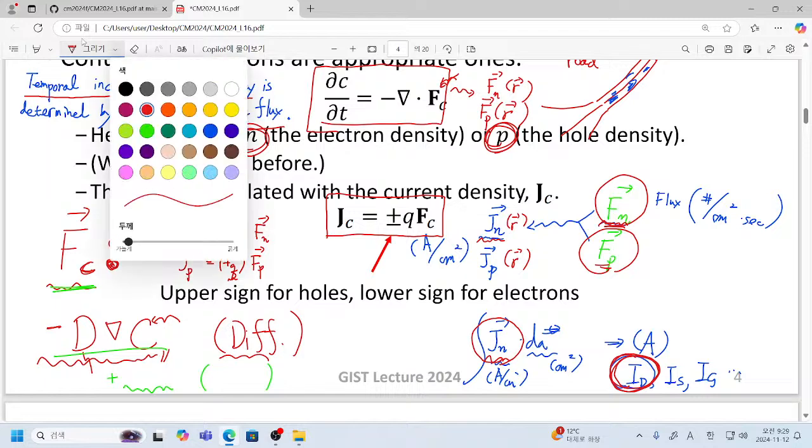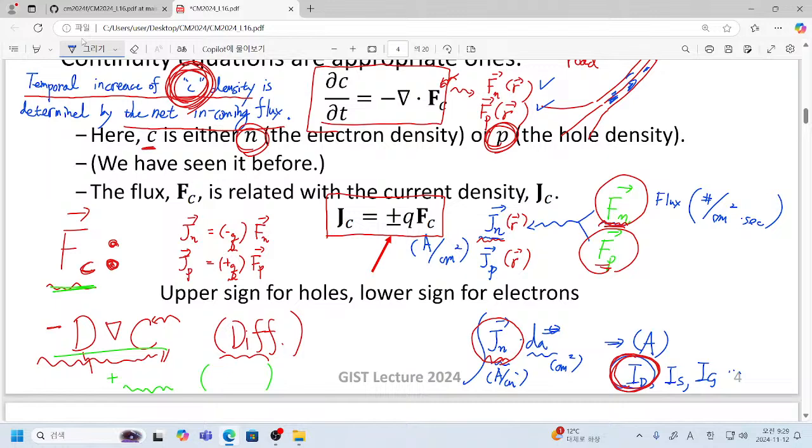Once we get these vectors, we can recover Jn and Jp, and by integrating Jn and Jp over our terminal of interest, we can eventually calculate the terminal current of our interest. Drain current, source current, gate current can be calculated.